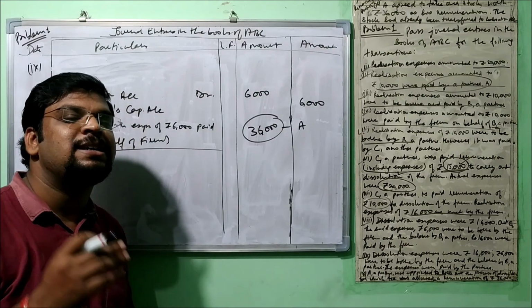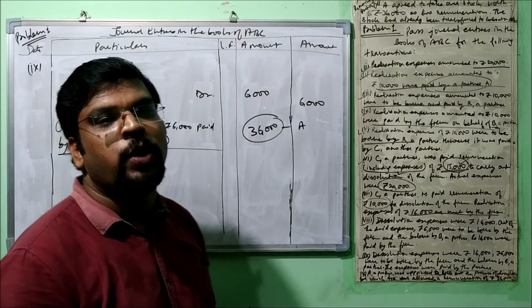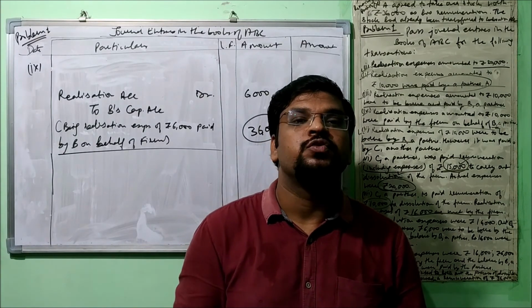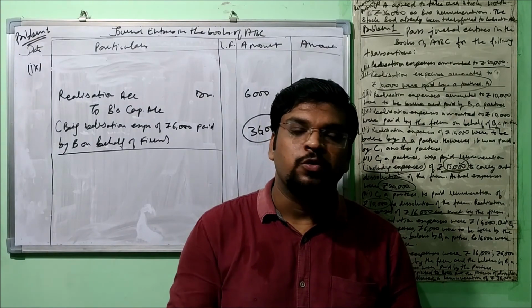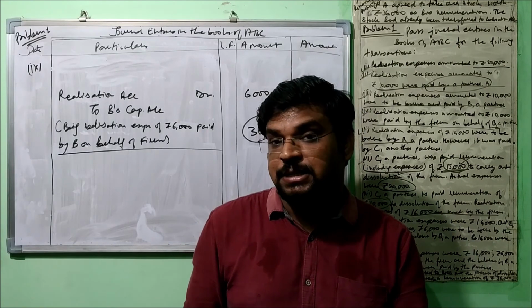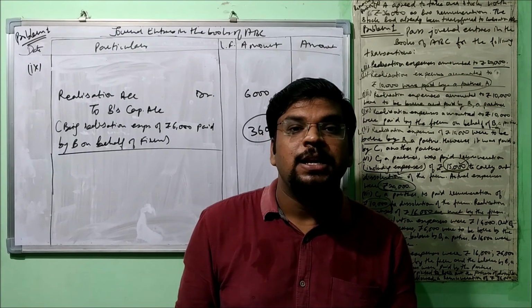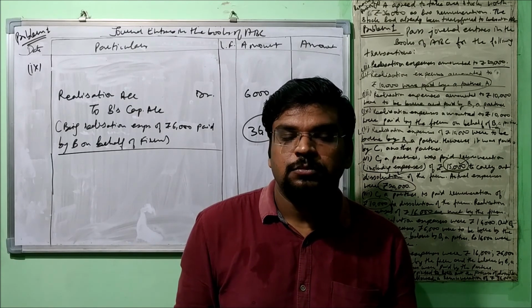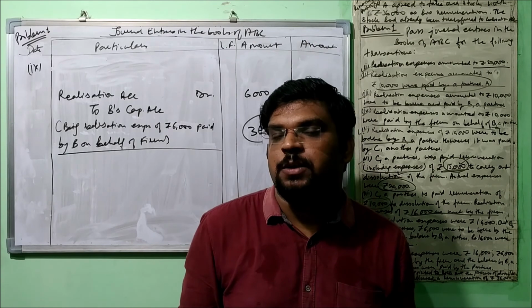So in that case, what's going to happen? No entry will be done. Why? Because the stock was already transferred to realization account, it was dissolved, now it was to be realized, and this is the case when any liability is paid by giving a particular asset in full settlement.